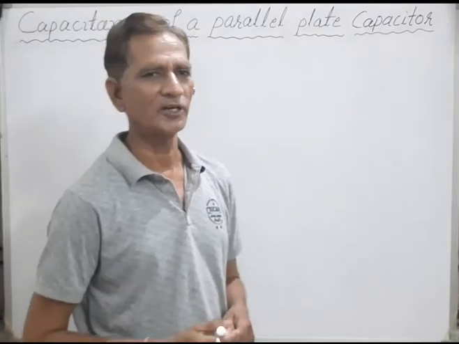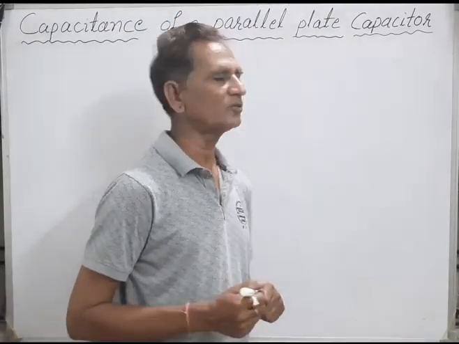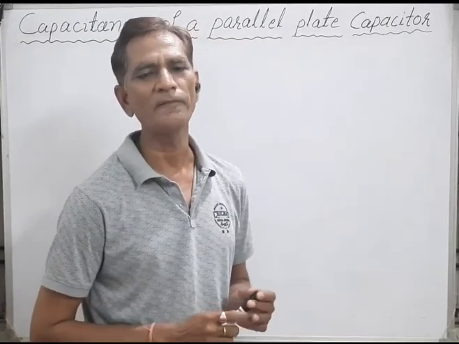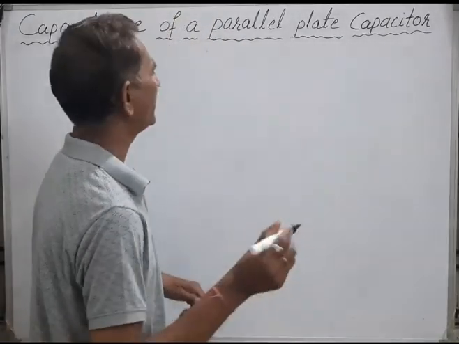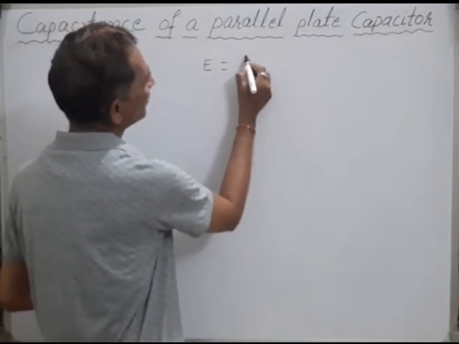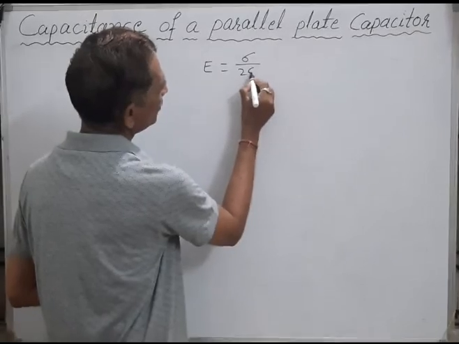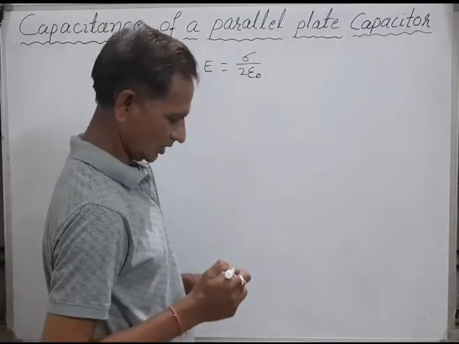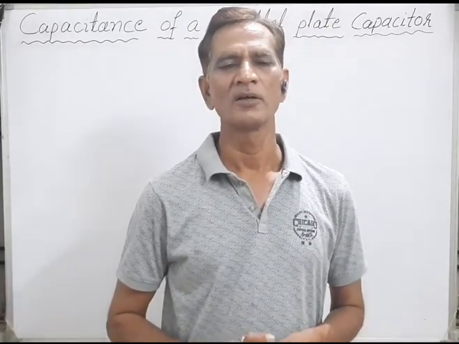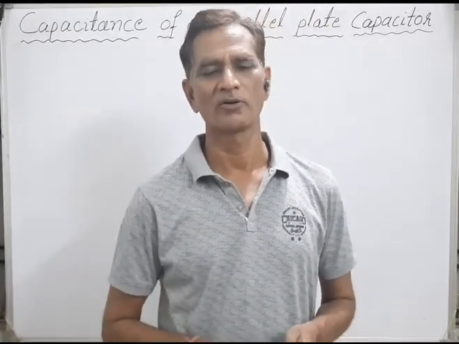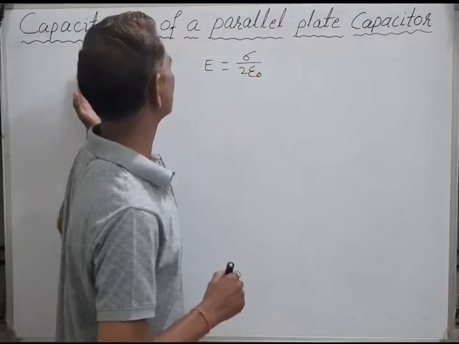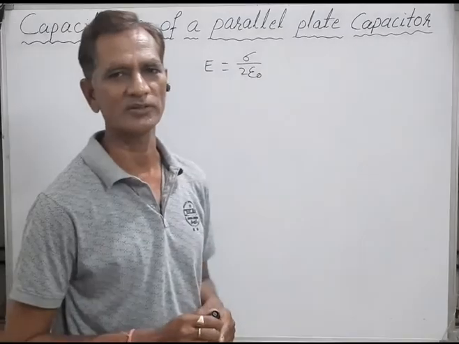The electric field due to this sheet we found by the application of Gauss law, and that is given by electric field E equal to sigma divided by 2 epsilon naught. We have to understand these 4 questions for our further better study or understanding for deriving the capacitance of a parallel plate capacitor.